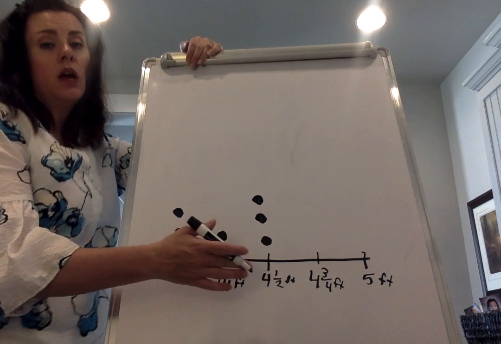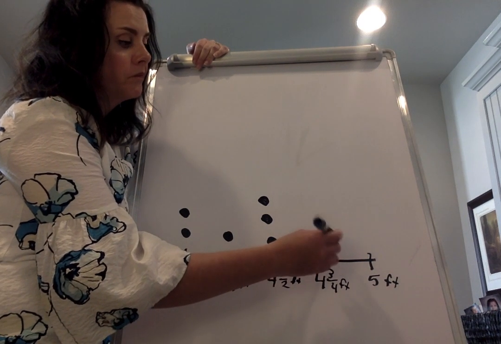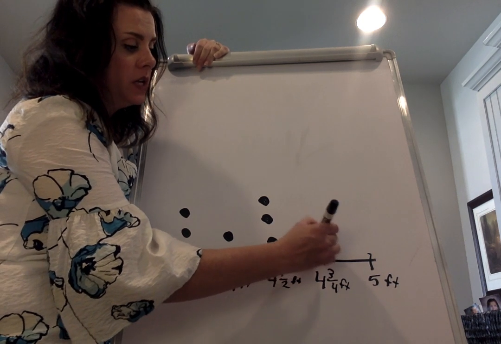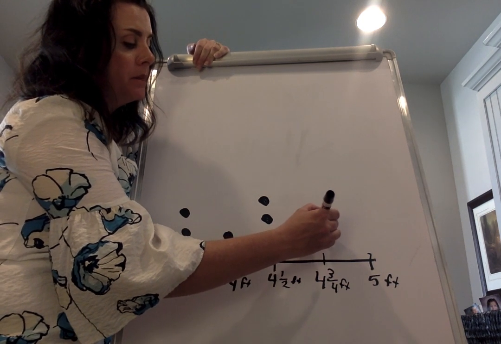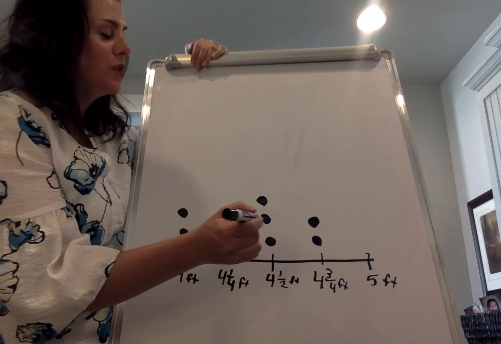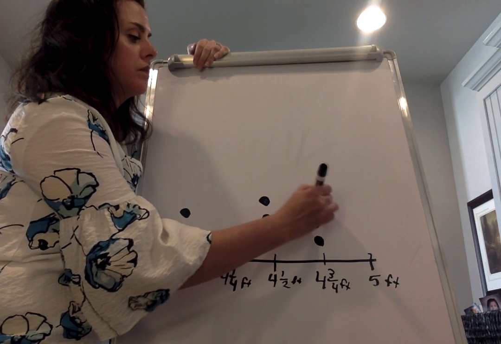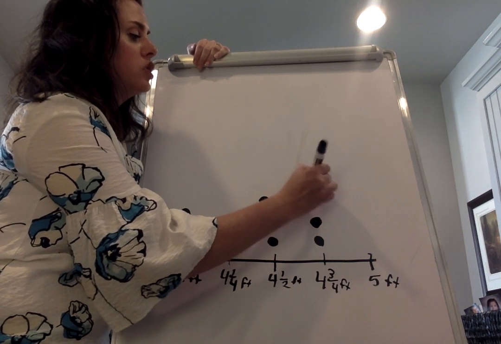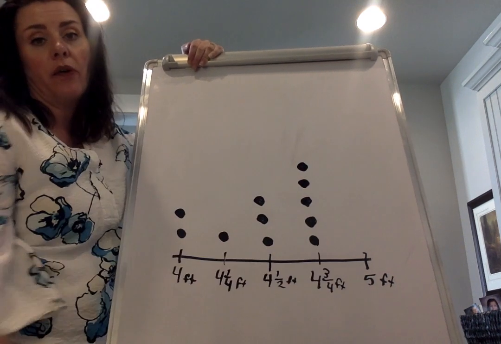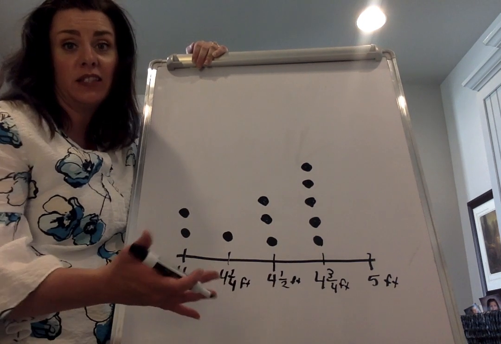Okay, then moving up, I've got Jeremy, who is 4.75 feet, and Blakelyn is 4.75 feet. Oh my gosh, and we've got Timothy and Roger and Shelly. They are all about 4 3/4 feet. Can you believe that? We got a lot of kids that are that same height.